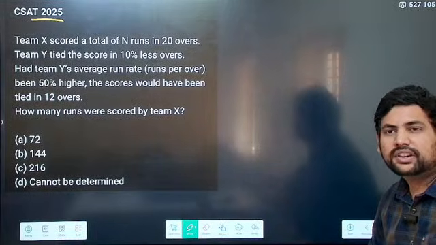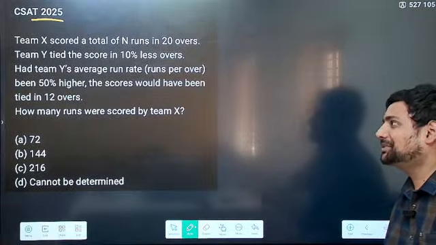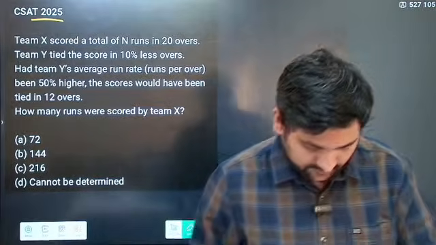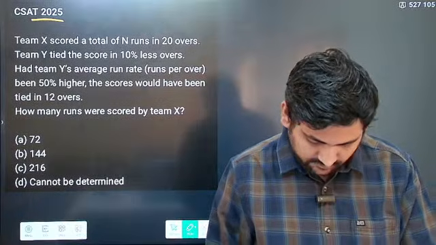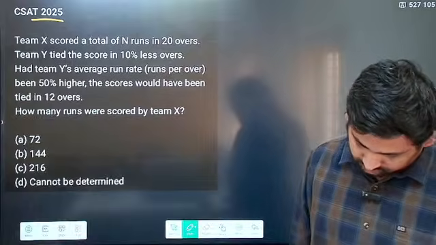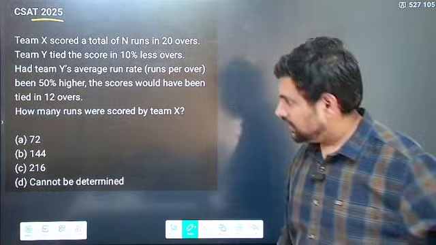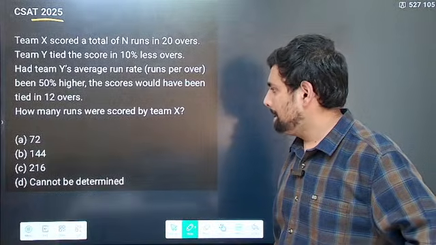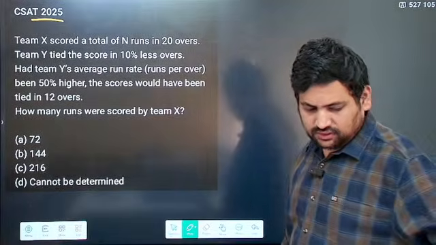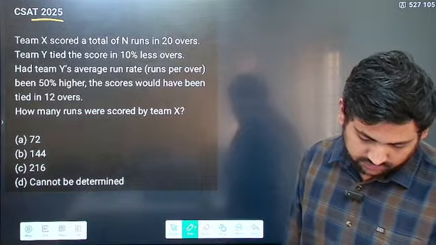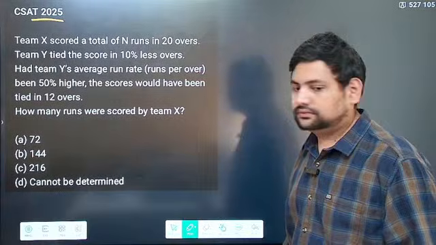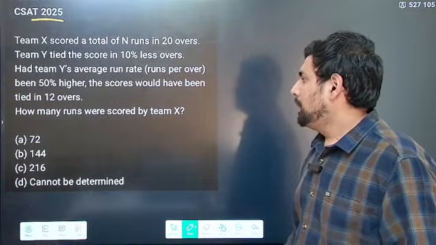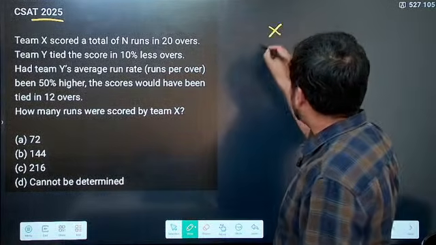Then in 21 there were 4, in 22 there were 3, and so on. In 23 there were 0. This is X.